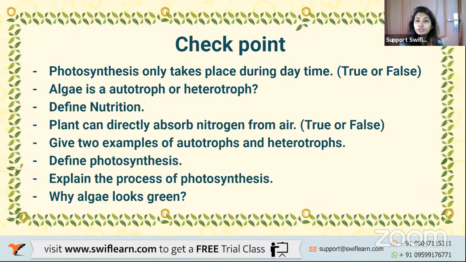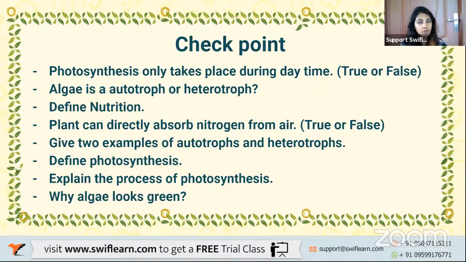Now, what is the process of photosynthesis? Who will tell me the process of photosynthesis? Okay, I'll just say photosynthesis is a process that takes place inside the plants when components like chlorophyll, carbon dioxide, and water combine together in the presence of sunlight to give sugar, glucose, and water.